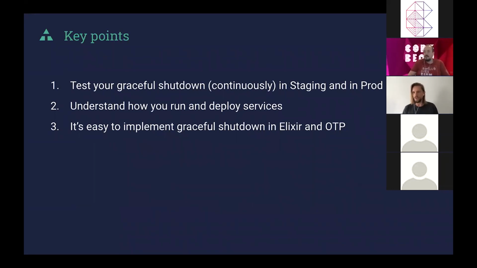They're more about principles. Point number 1, test your graceful shutdown continuously in staging and in prod. Only this way you actually know that you're improving or degrading stuff. And if you already have, for instance, a black box type end-to-end production test suite that runs all the time continuously and is testing your production with some synthetic traffic, you can use that.